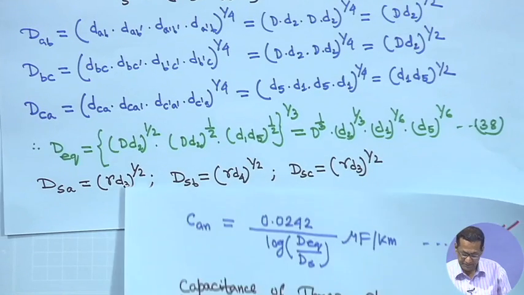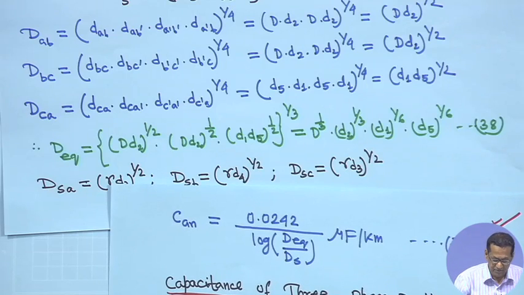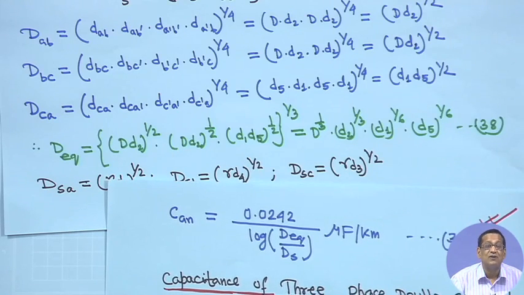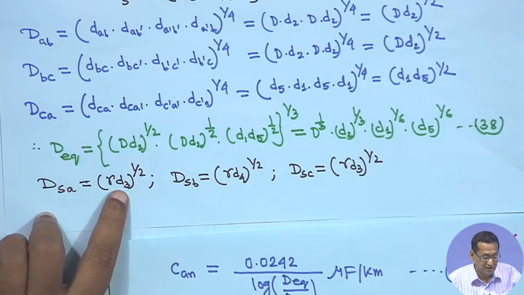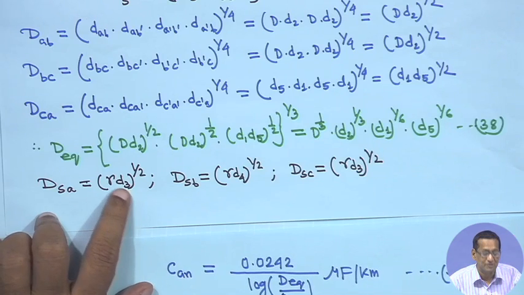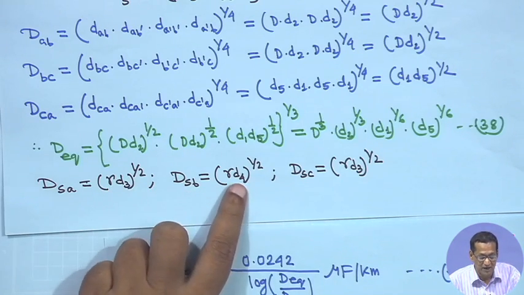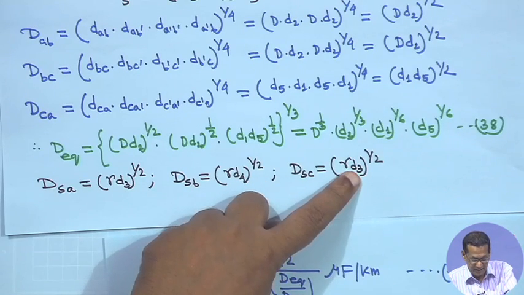So, from the symmetry, you can make all the calculations, right. If you take the combination, R D3 into R D3 will come to the power 1 by 4, ultimately it will be R D3 to the power half. DSB will be R D4 to the power half, and DSC will be R D3 to the power half, right.